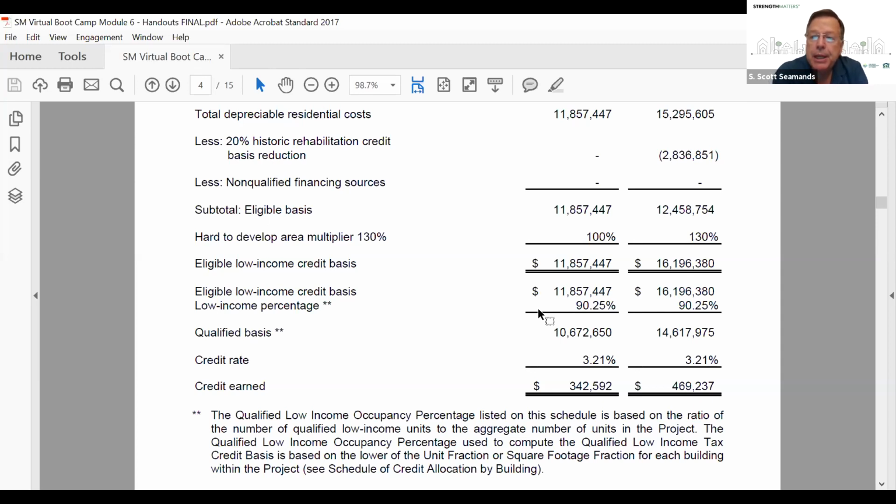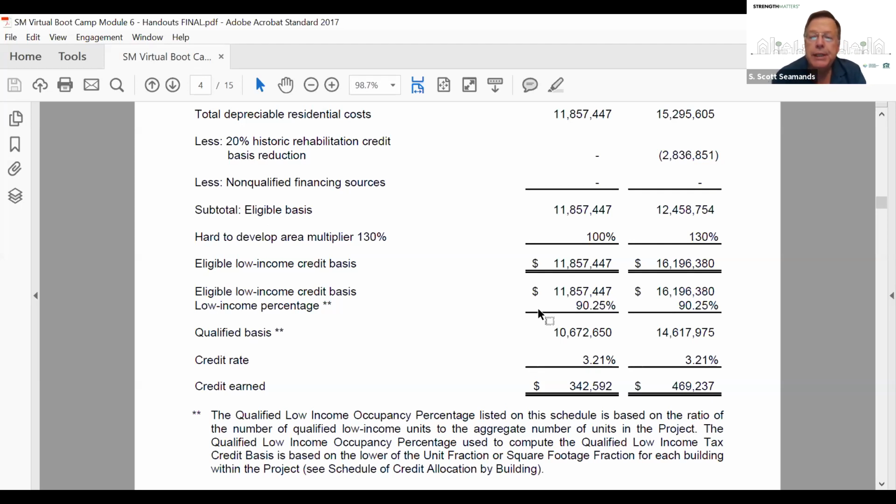And the final step to calculate the credit is to use the credit percentage. We said weeks ago that now it's fixed at 4%, but a few years ago when this project was developed, it was floating, and they had a choice of either locking in the credit at the beginning or letting it float and using whatever the monthly amount was that was published in the month that the project was finally completed and placed in service.